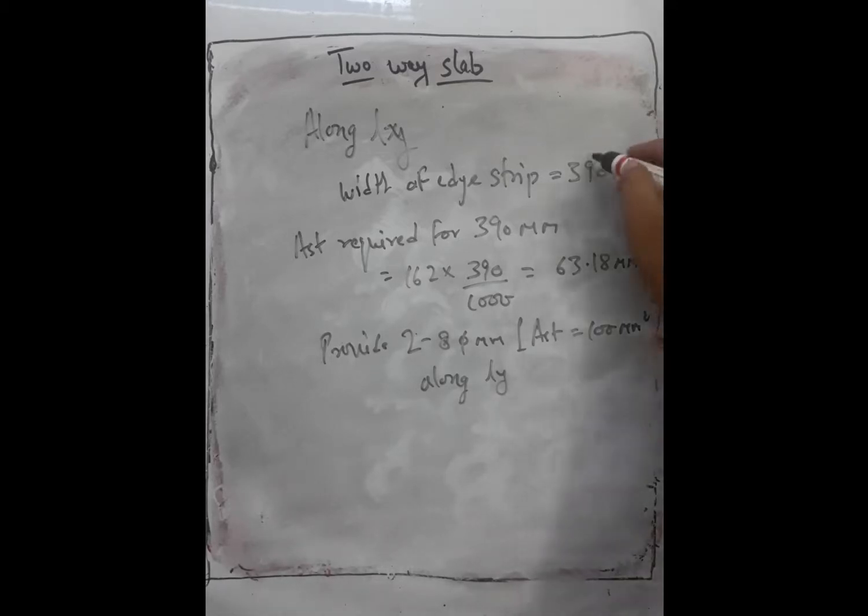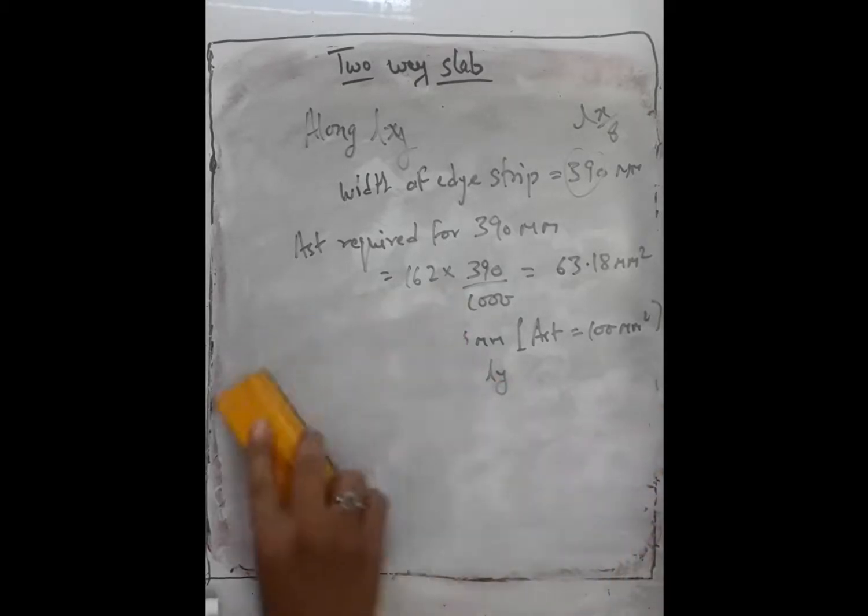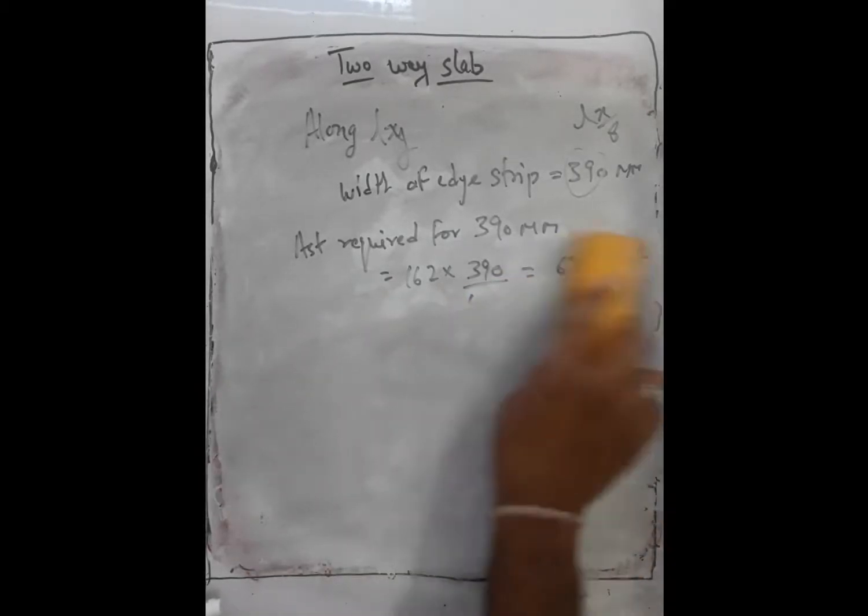And this you get by Lx by 8 because we have to find along Ly. So Lx is 3110, divided by 8, you get 388. So approximately here we have taken 390.